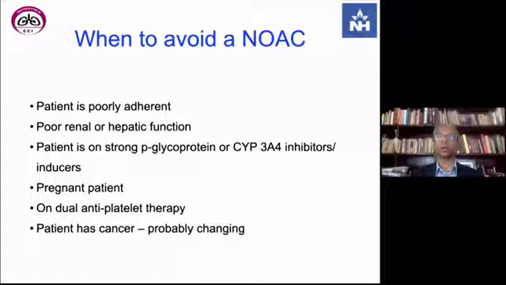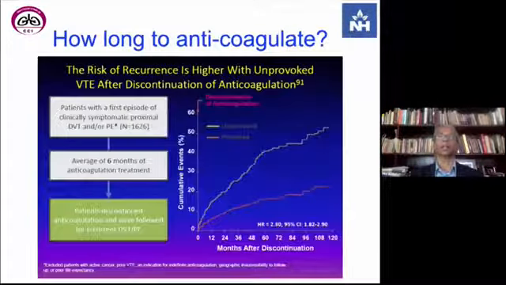Patients already on dual antiplatelet therapy, because reversing their effects is very difficult. We have an appropriate reversal agent and antidote only for dabigatran. And of course, if a person has cancer, the latest guidelines say you can use NOACs, especially apixaban and rivaroxaban in patients who have cancer, because we have data for these.